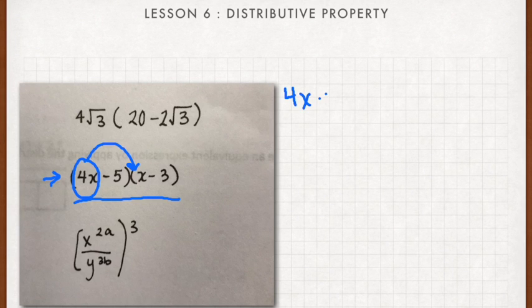We have 4x times x, and then I'm going to distribute that to the -3, or 3. So it's going to be, now you can put in your negative sign here, your minus sign, and have 4x times 3. And so you are almost done, because next you have to tackle the second term in this expression and distribute that. Now the second term in this expression is a -5, and so this is a common misconception.